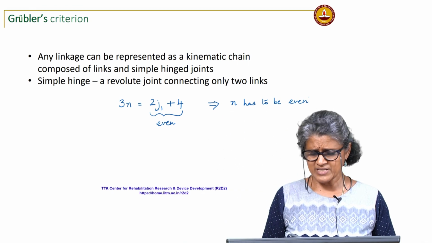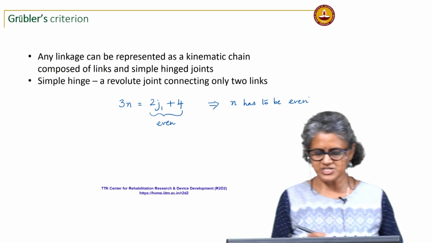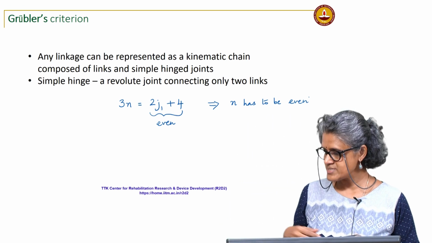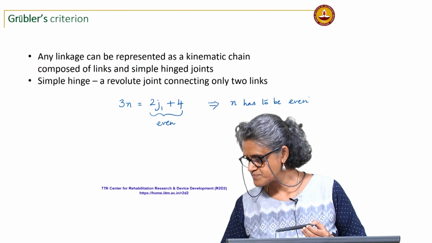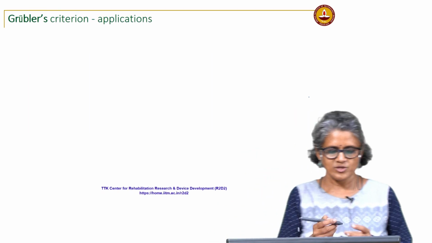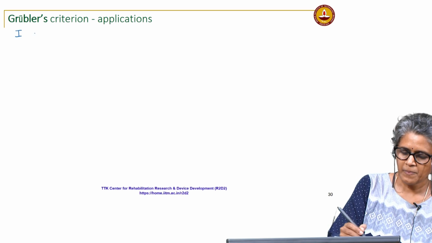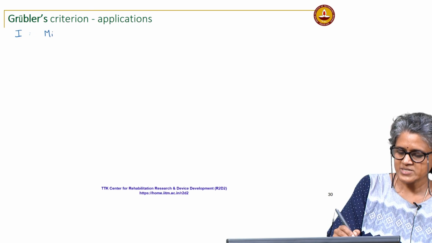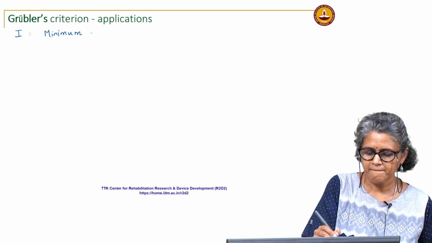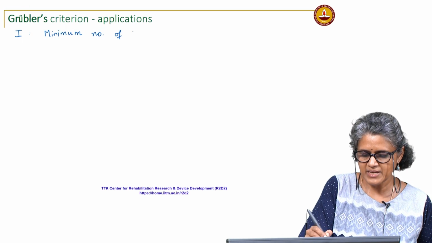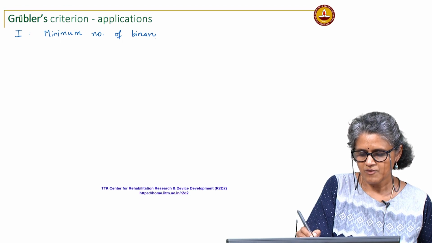Now, let us look at some applications of Grubler's criterion. The first application is: what is the minimum number of binary links we need?